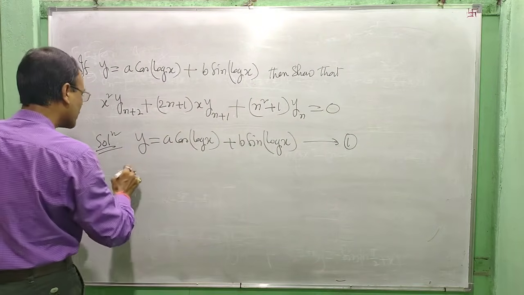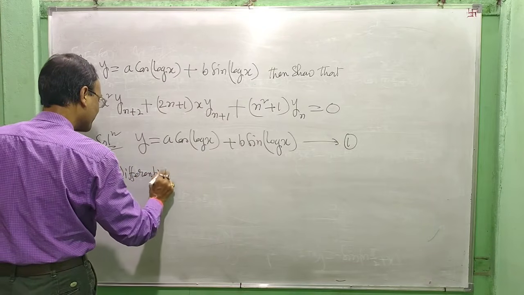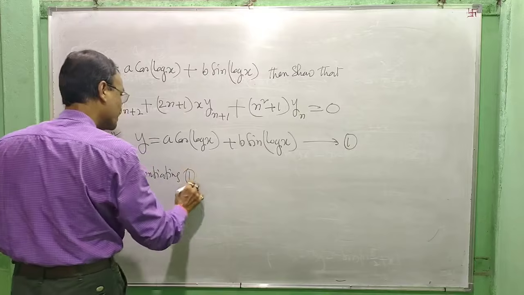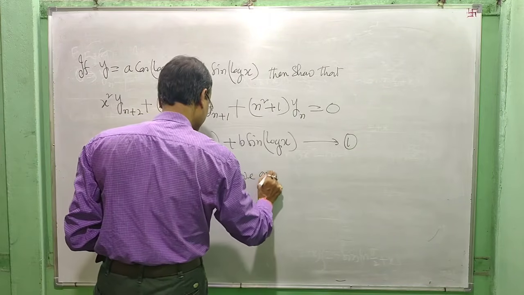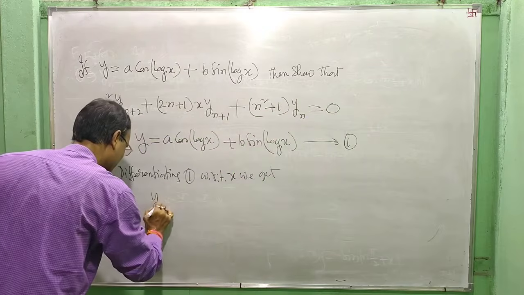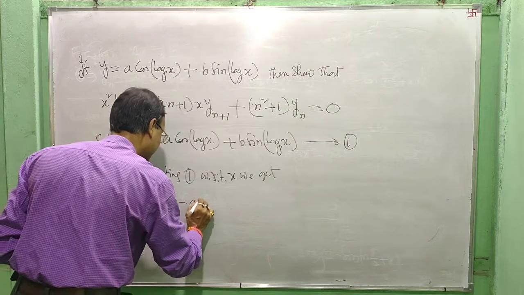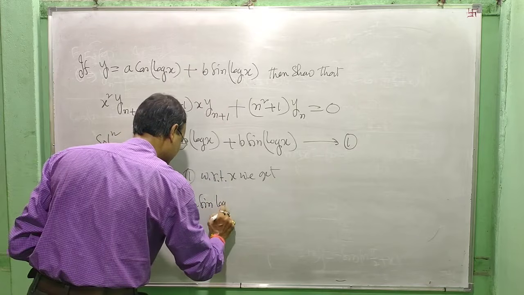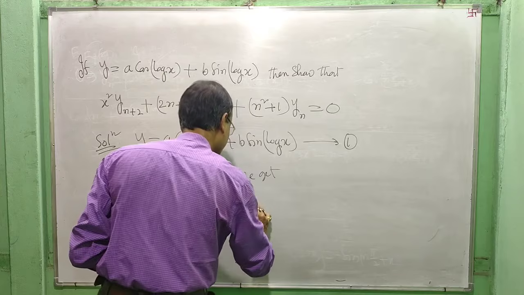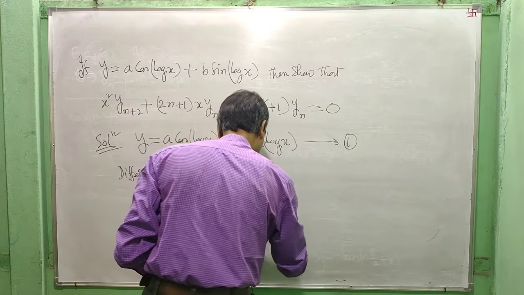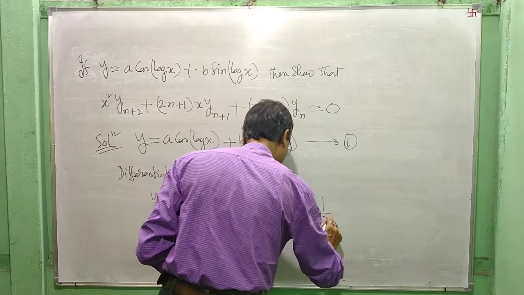Differentiating 1 with respect to x, we get y1 equal to minus a sin log x into 1 by x plus b cos log x into 1 by x.